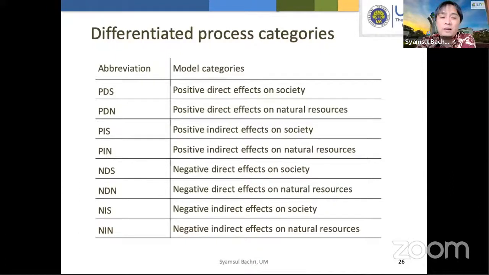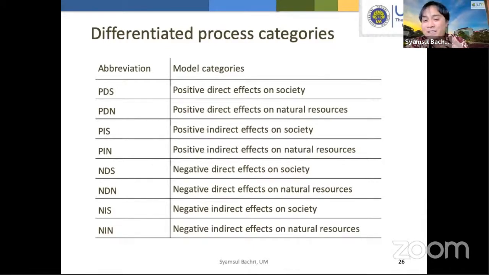You can just bring this table to the field, and do some survey in the physical and also in the social context, and just note what the process is, and the process can be PDS, PDN, or PIS. After that, you calculate. So when you want to develop tourism destinations that can be sustainable, of course, you still consider this table.